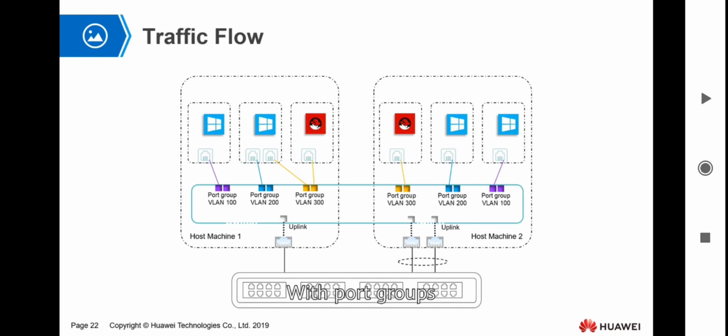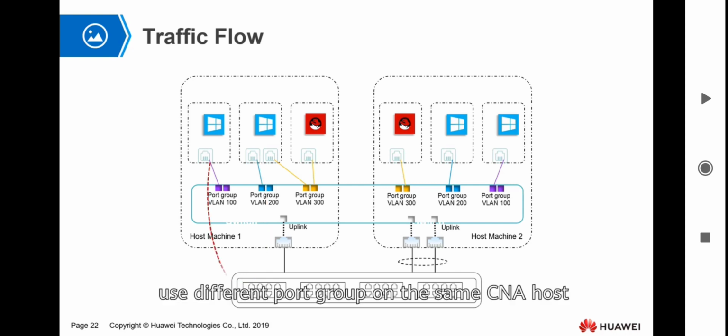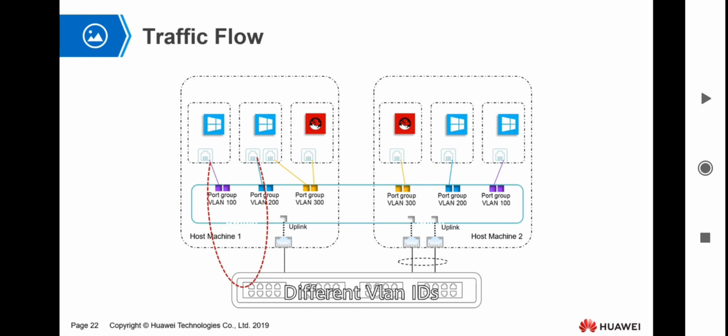With port groups and the uplink, virtual machines can communicate with each other. How is data transferred when virtual machines communicate? There are several situations. The first is using different port groups on the same CNA host. Because each port group has its own VLAN ID, different VLAN IDs cannot communicate with each other.